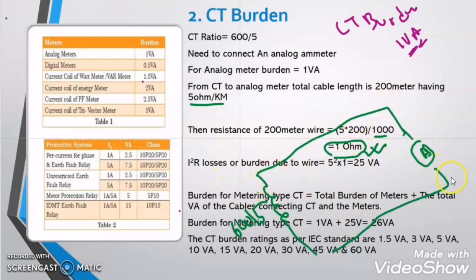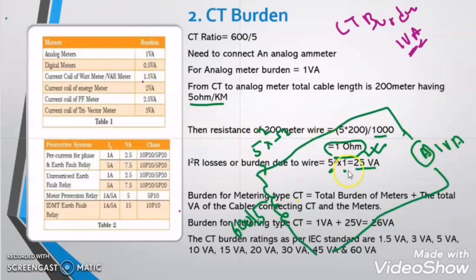So what would be the I square R losses? That is the secondary current which is flowing through this lead wire connecting the ammeter, into the resistance of this wire. So the I square R loss is the secondary current square into the resistance offered by the wire. So it is 25 VA. Now the ammeter has some VA, that is 1 VA.